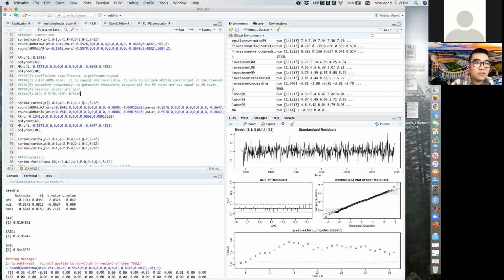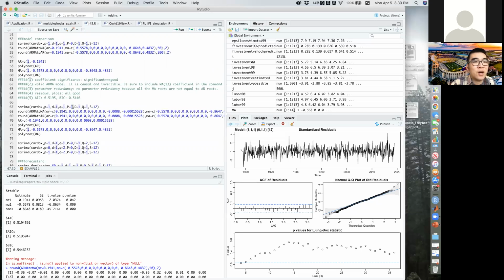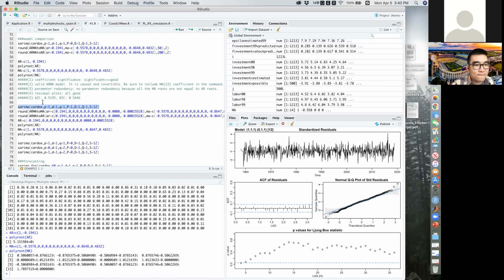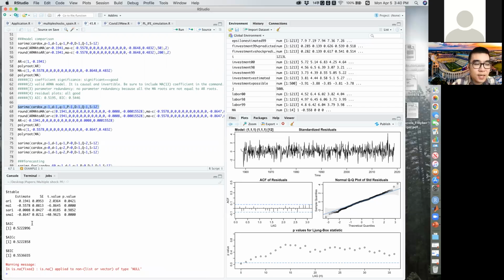What I do here is consider this (1,1,1) times (1,1,1)_12 model. So I also give the seasonality part an AR order of 1. Okay, and I run this model. These are the coefficients I got. You can very quickly notice that the coefficients are not all statistically significant.